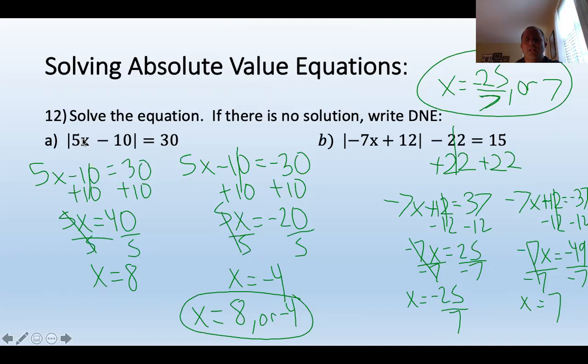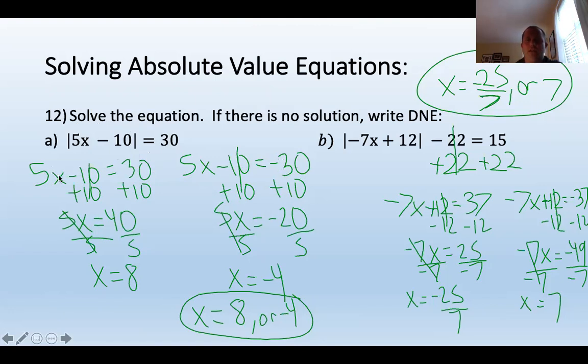So if 5x minus 10 is equal to 30, that's a solution. And if you set 5x minus 10 equal to negative 30, that's also a solution, because if 5x minus 10 were negative 30, the absolute value would make it positive 30. So you just set it equal to positive 30 and negative 30 and solve each equation individually.